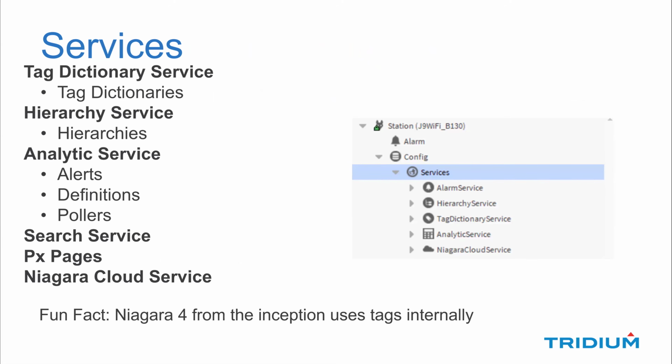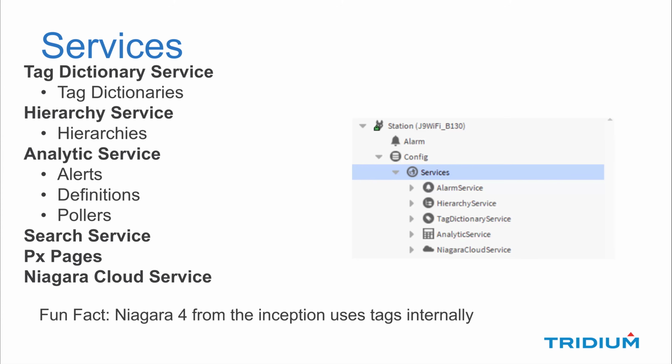So we have a service in Niagara that all it does is deal with tags, and I can have multiple ones. So in this station, I have a brick tag dictionary, I have a Haystack tag dictionary, I have a Haystack 4 tag dictionary. They can all run simultaneously alongside each other.